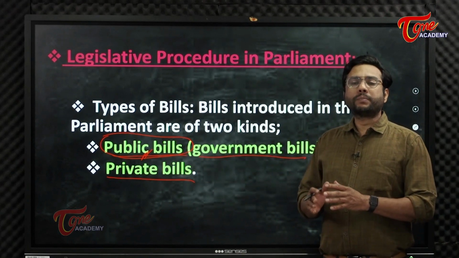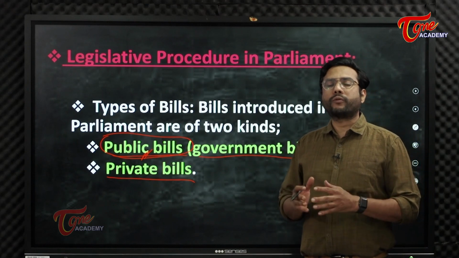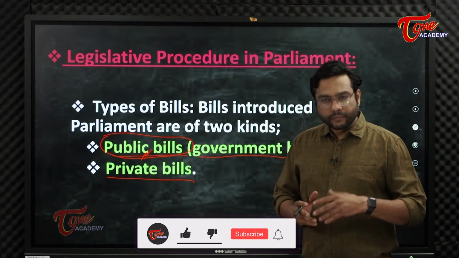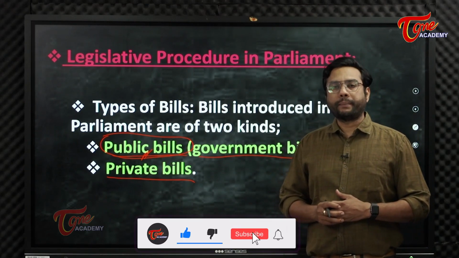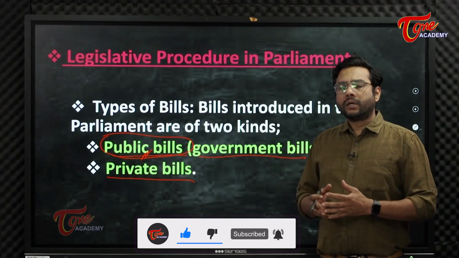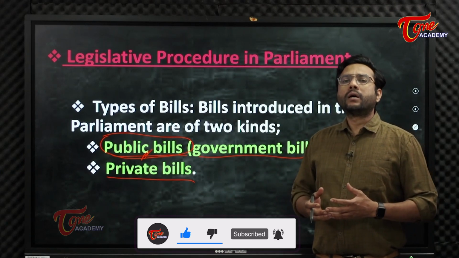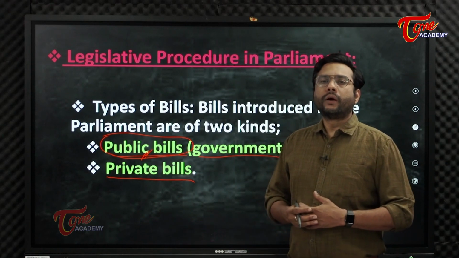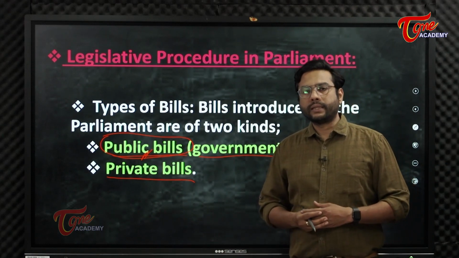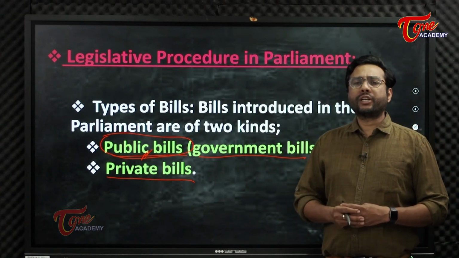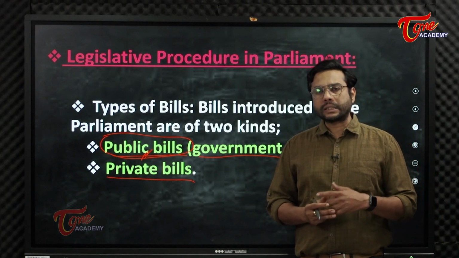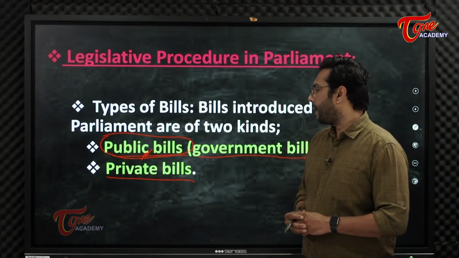Generally a public bill will have the support of parliament, because we have a majority party system. Whoever has a majority in the house will generally run the government. So public bills are generally deemed to gain support in the house.